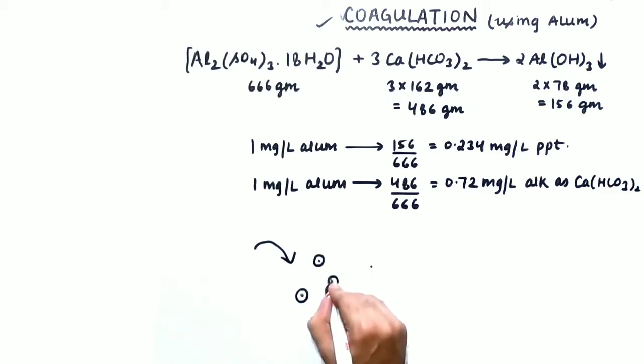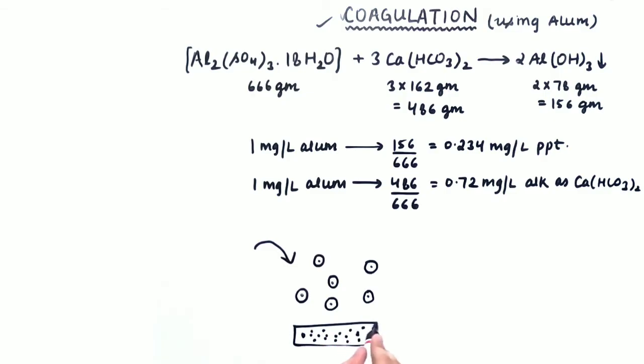When they get adsorbed on the surface, they become heavy because of the specific gravity of the coagulant, and because their density increases, the particles tend to settle at the bottom of the sedimentation tank. So this process is called coagulation. Along with coagulation, another process called flocculation also goes on, which we will discuss in some different video. But for the time being, let us carry on with the topic of coagulation only.